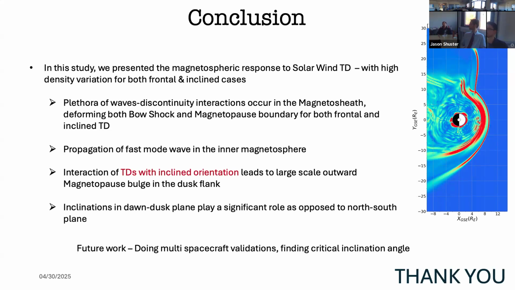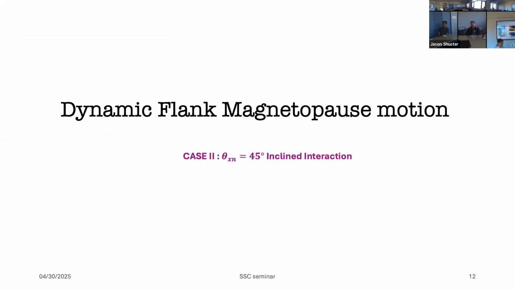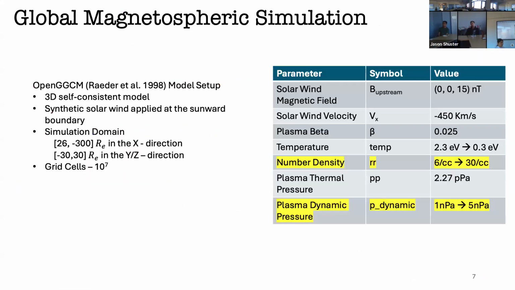The conditions that you used for the initialization of the simulation, were those chosen to replicate some event or to optimize some observable parameter in the simulation? How did you choose them? To be honest, initially I was just playing around with changing the parameters, but with the parameters I chose here, we saw something interesting happening in the magnetopause.